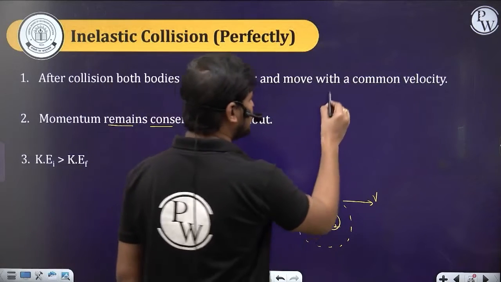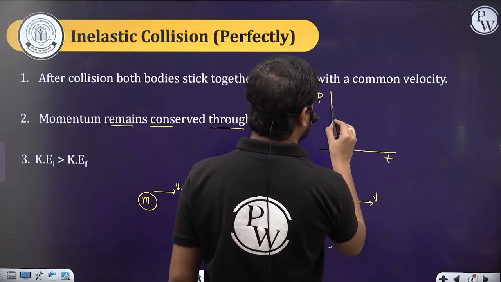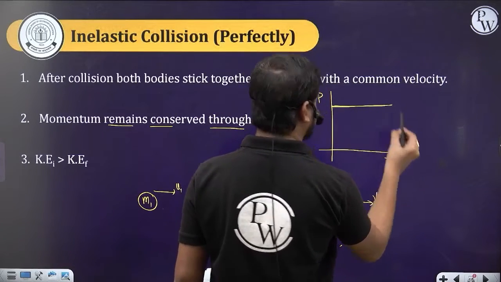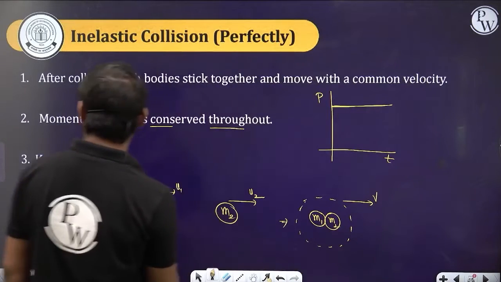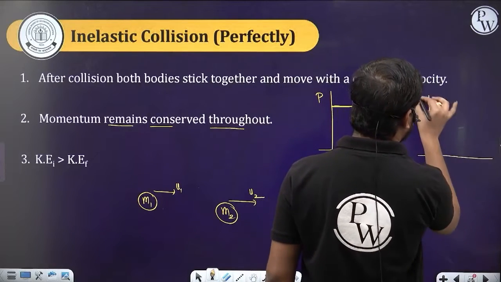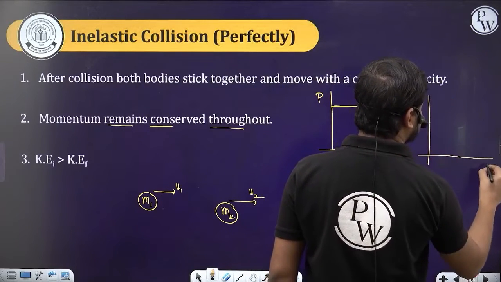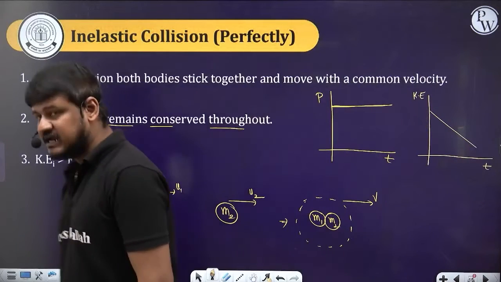If you draw momentum versus time for inelastic collisions, the momentum will be conserved. But the initial kinetic energy will be greater than the final kinetic energy. If you draw kinetic energy versus time for inelastic collisions, the kinetic energy decreases.